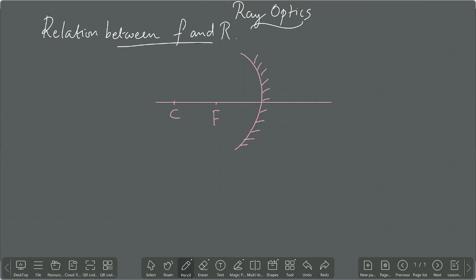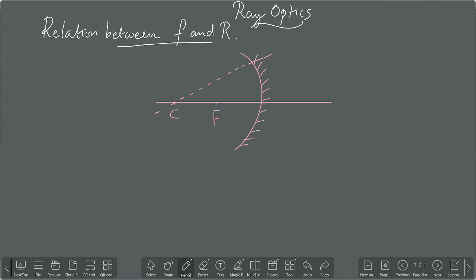Now suppose I am going to draw a ray which is incident on this and reflecting, and one normal I am going to draw, because based on normal only we can define what? Angle of incidence and angle of reflection. So how I am drawing the normal, you just see, I am drawing through C. What is C?